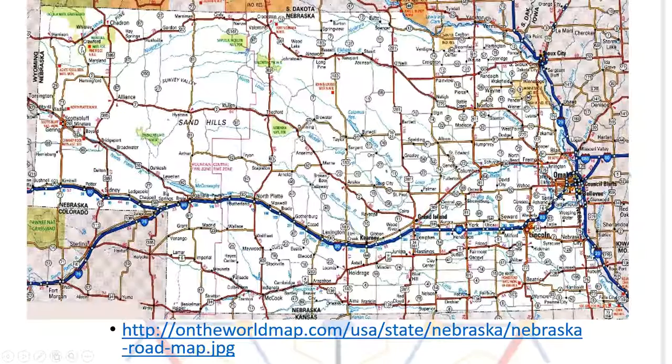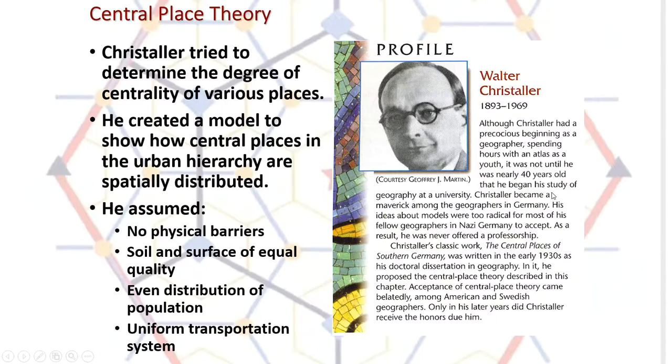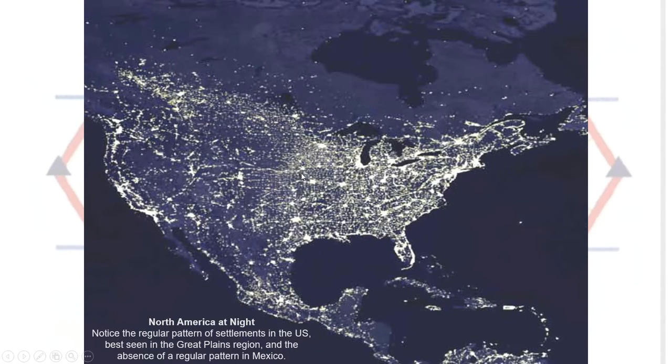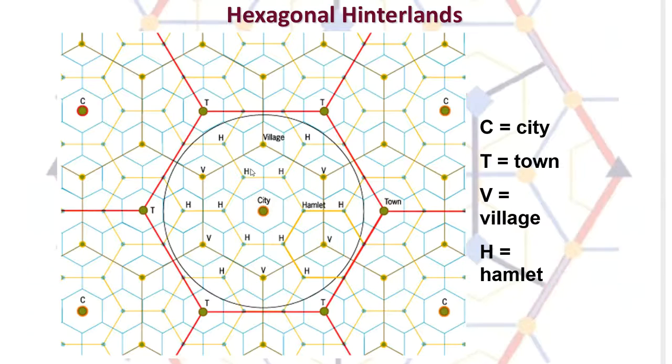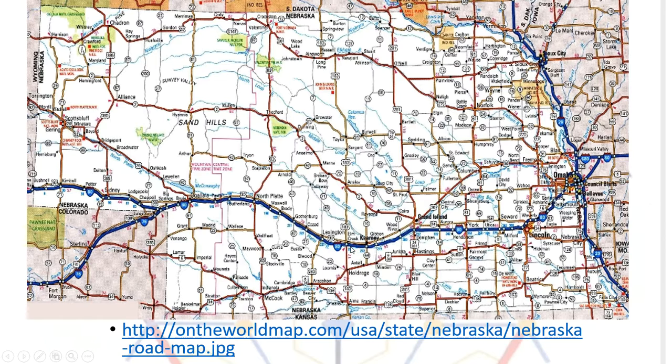When you look at this map of Nebraska, again, find Kansas City, Omaha. Look at Omaha, look at Interstate 80, and look at all the growth along Interstate 80. In Nebraska, the counties and the towns that are growing the most are those along Interstate 80 because you get a lot of traffic through there, okay? It's just the way it is. So the model doesn't explain everything, but it does explain a lot.